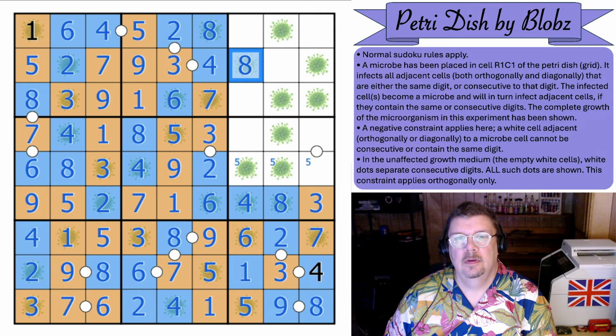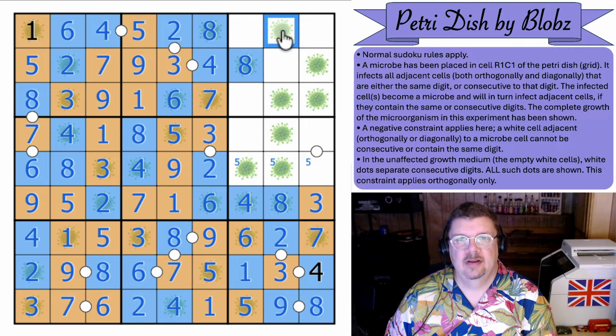Okay, this cell cannot be a 7 or a 9, so it cannot have been infected by that 8. Therefore, to have been infected, it must have been infected by one of those two, and that one has to have been infected by that one.